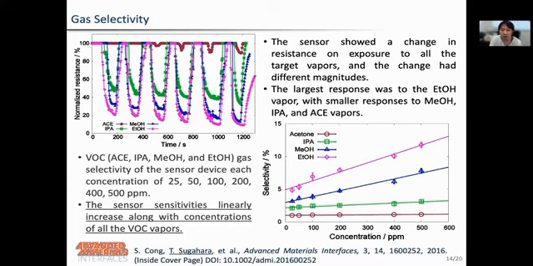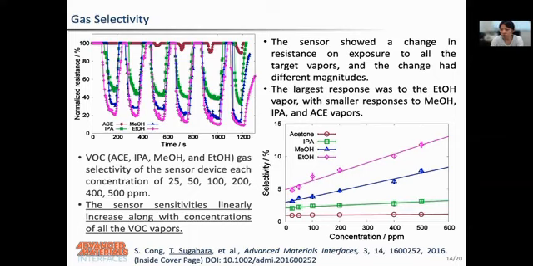The sensor shows a change in the resistance on exposure to all the target vapors, changing at different magnitudes. The largest response was to the ethanol vapor, with smaller responses to the methanol, IPA, and acetone vapors.